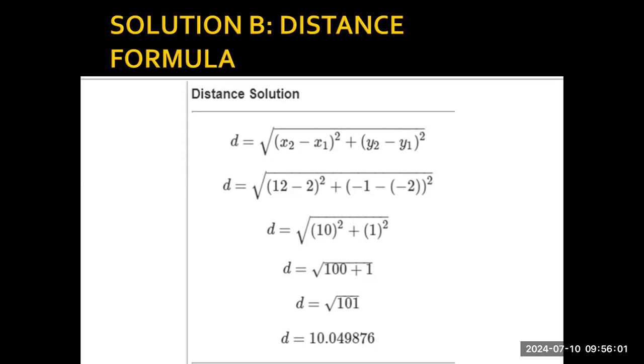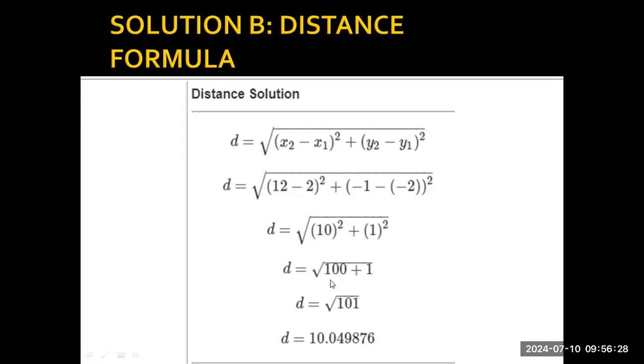So let us do the arithmetic. So 12 minus 2, that is 10, and that should be squared. Negative 1 minus negative 2 is the same as negative 1 plus positive 2. And that gives us the sum positive 1. That should be squared also.